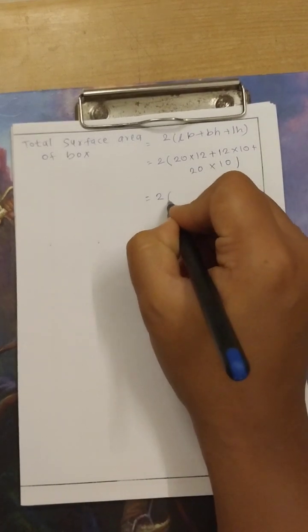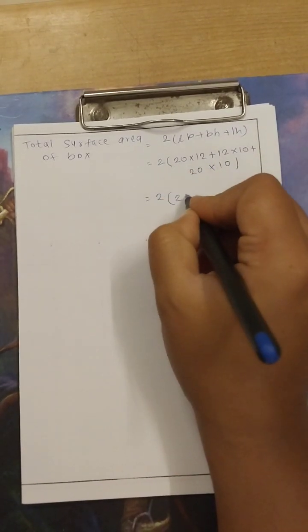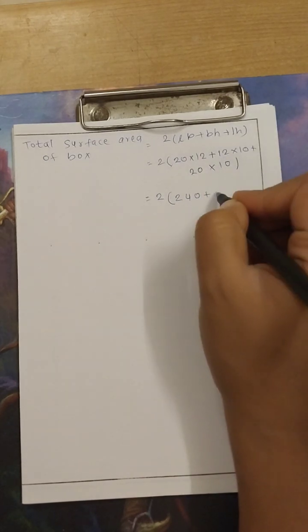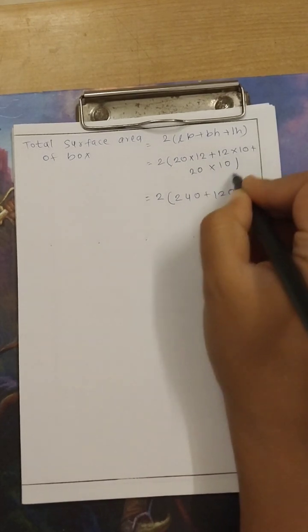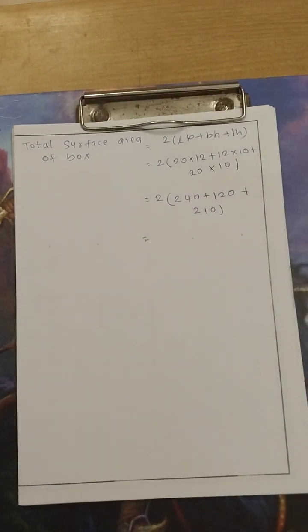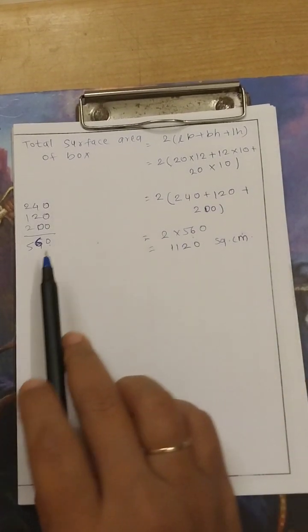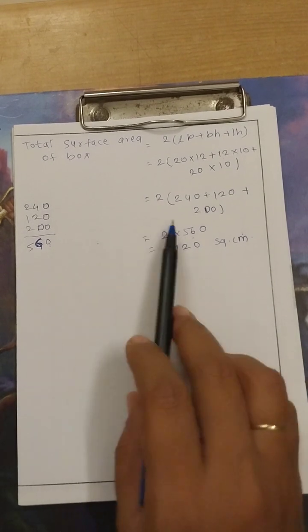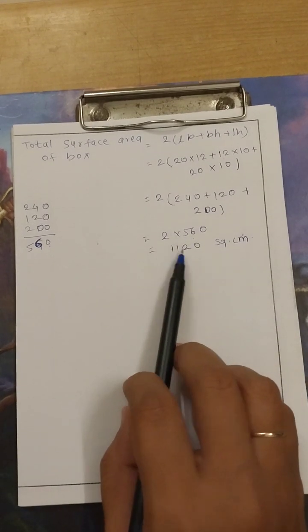Let's solve. 20 into 12 is 240, plus 12 into 10 is 120, plus 20 into 10 is 200, which is equal to 560, and 2 into 560 is 1120.